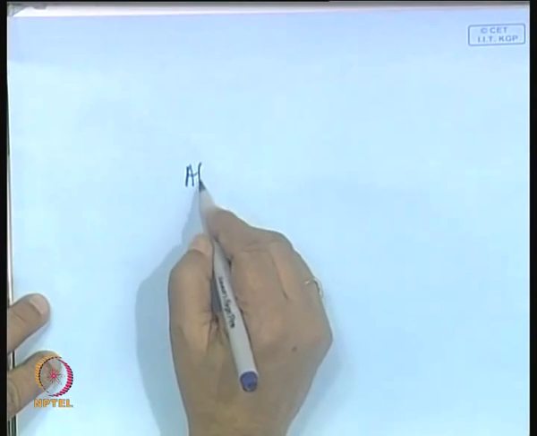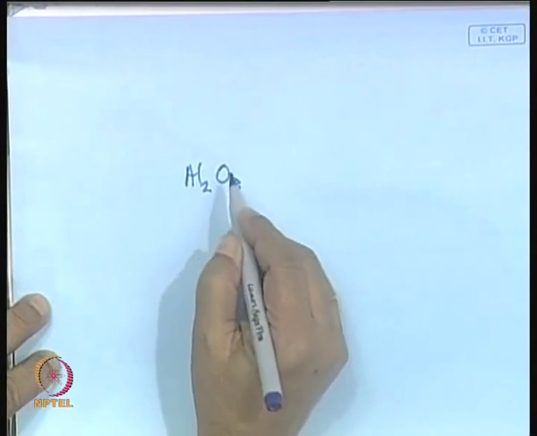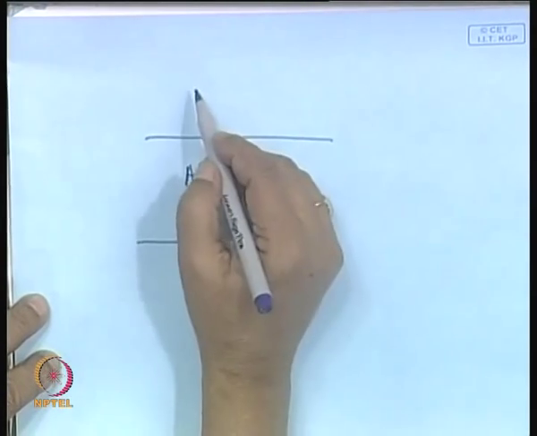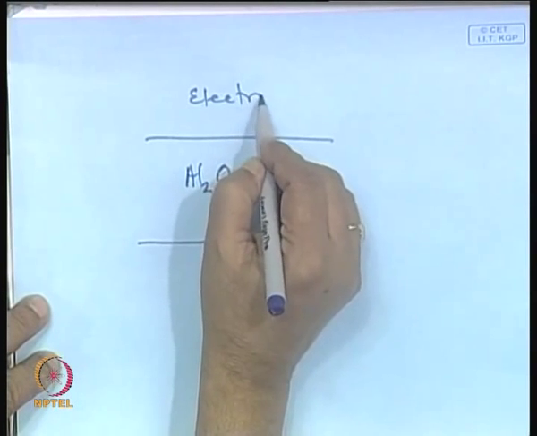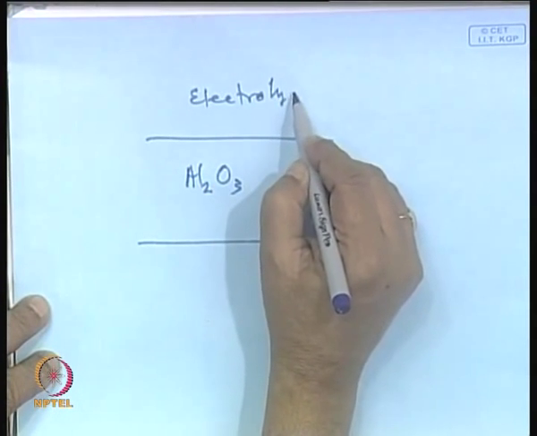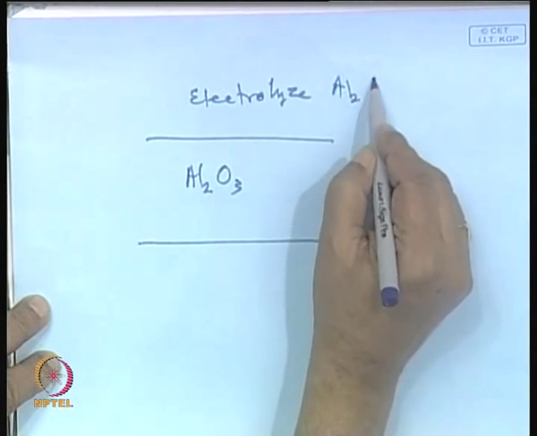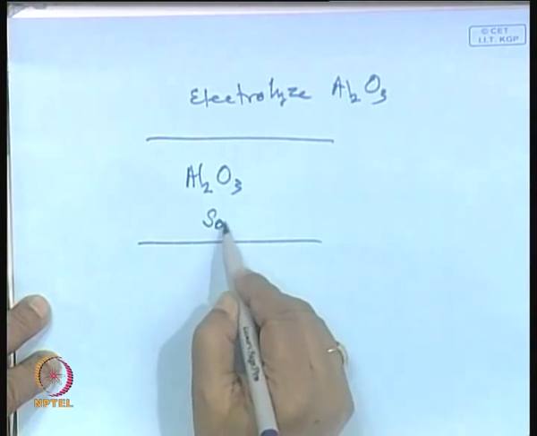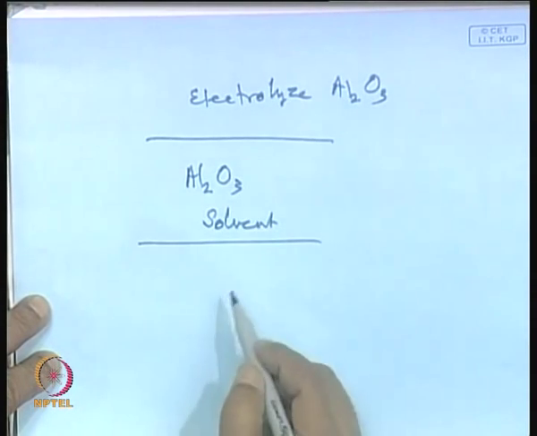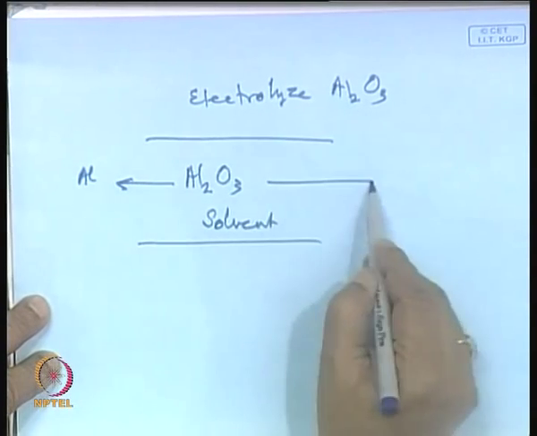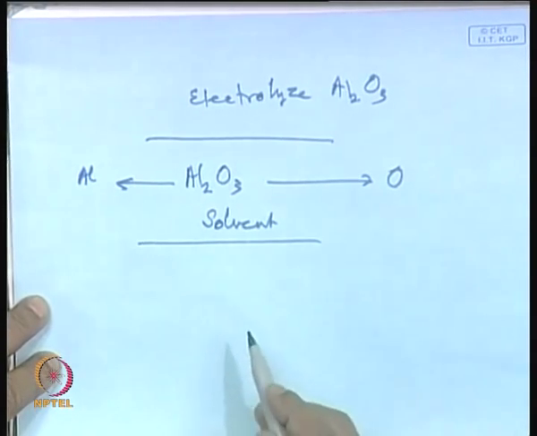Consider an example. Suppose we find a solute which we electrolyze, we will come to this in the next lectures, Al2O3. We have found a solvent. We will have to break it to bring aluminum and oxygen.